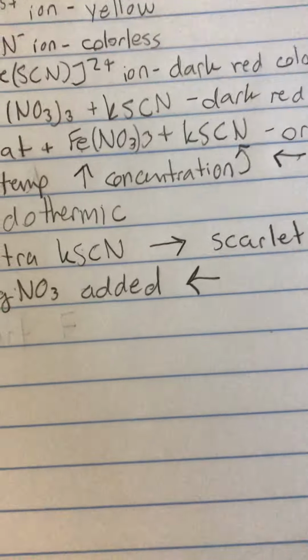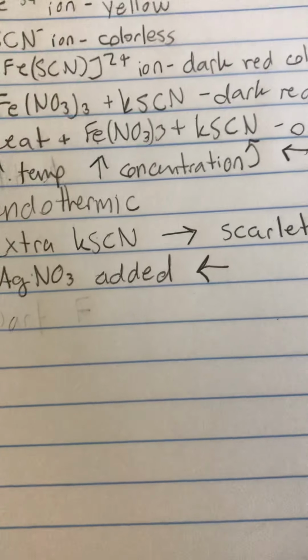Now, what precipitate formed when NaOH was added? And explain the equilibrium shift.